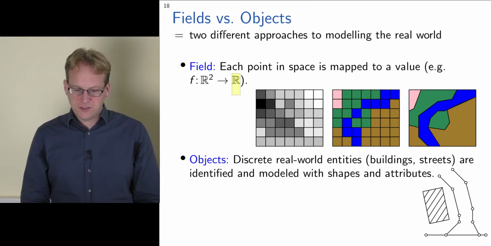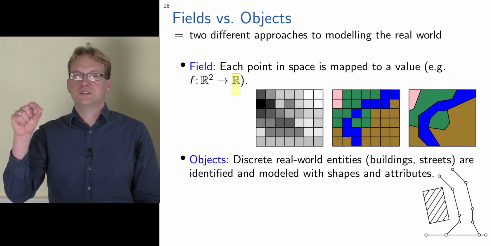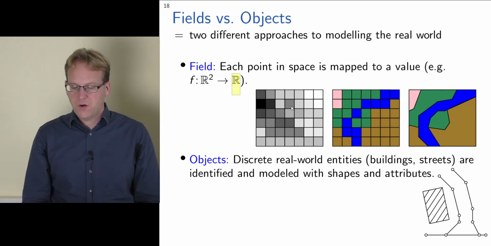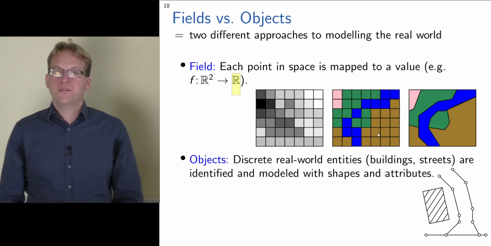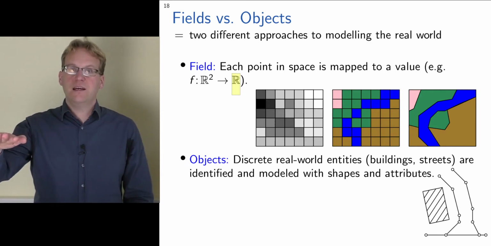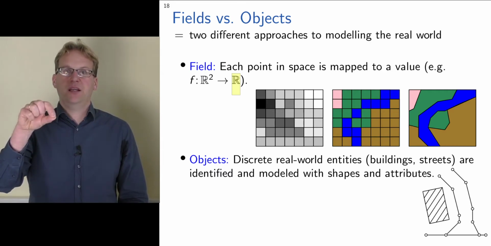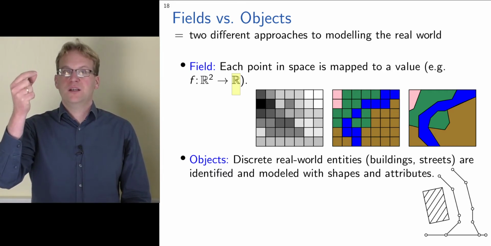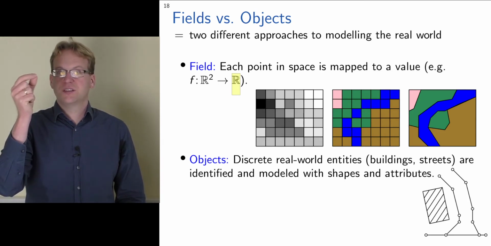So that is also a field. For every point in the plane we have a corresponding height value. Or we can think of the plane, and for every point we have a land use type.